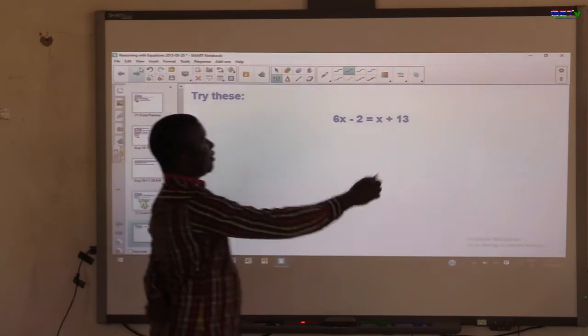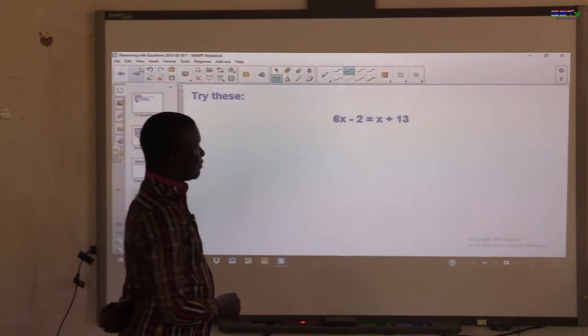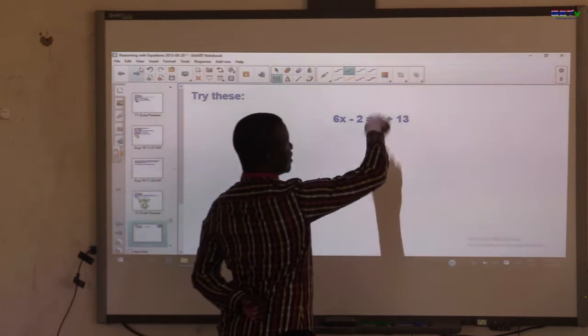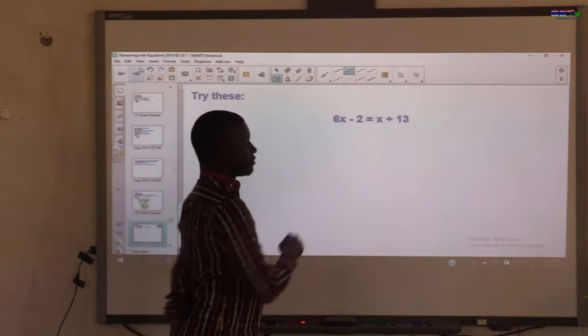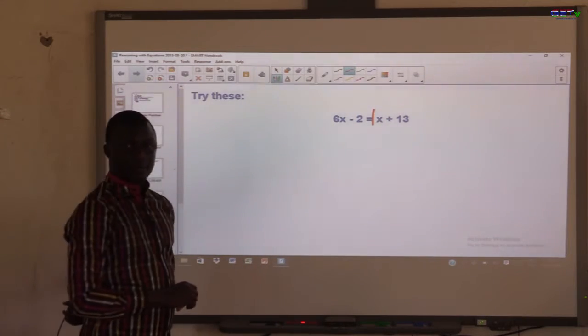First, we undo our x here. This x has a coefficient of 1, and it is a positive 1.